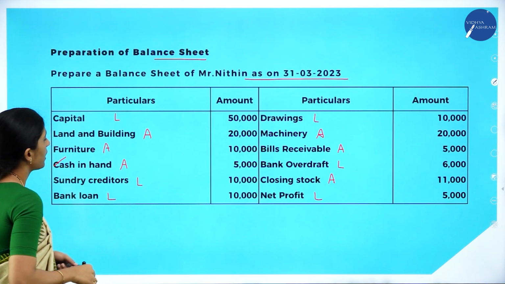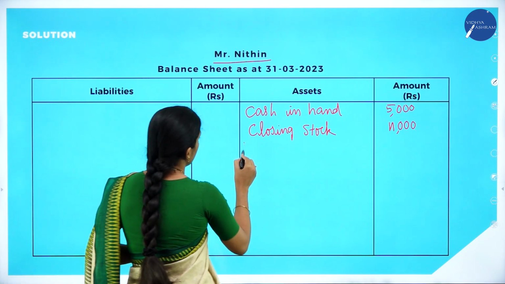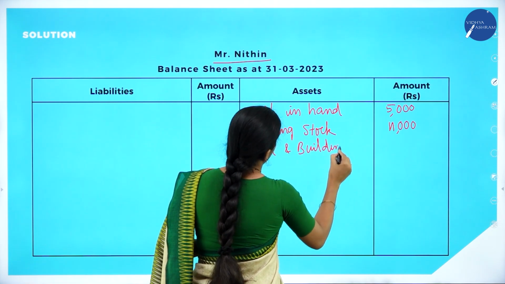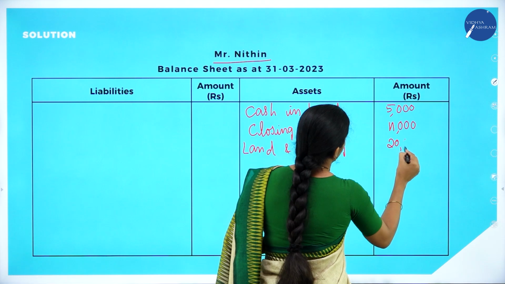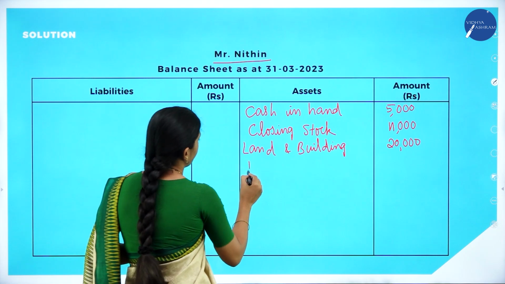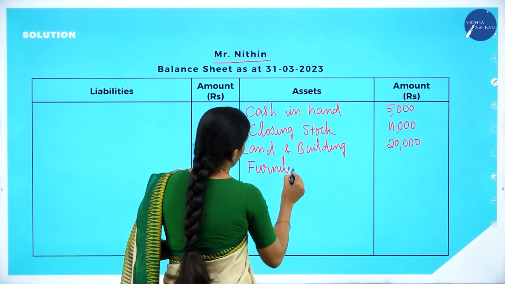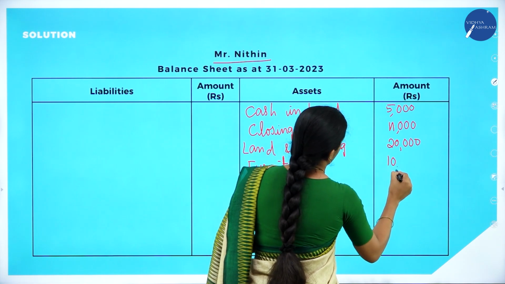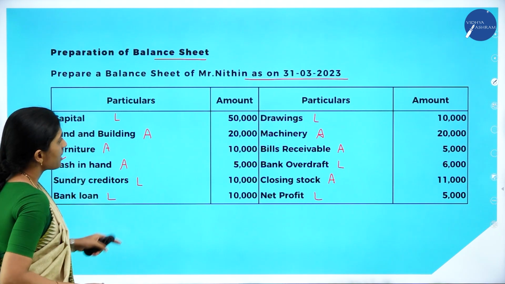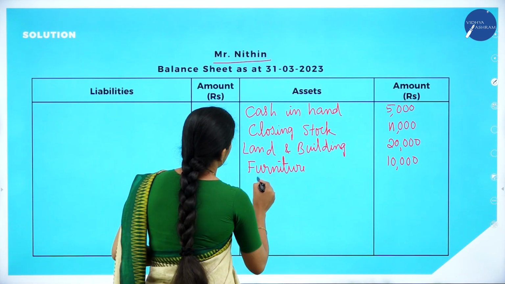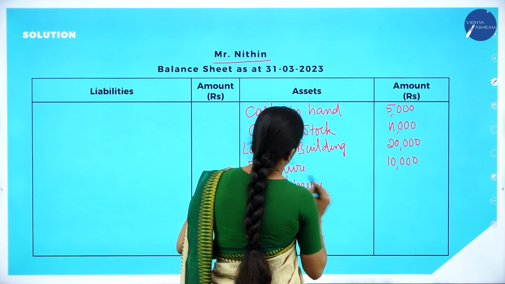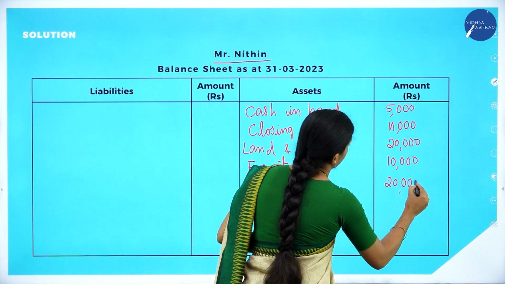Now coming to the fixed assets. We shall start with land and building 20,000. After that, we have furniture 10,000. After that, we have machinery 20,000.